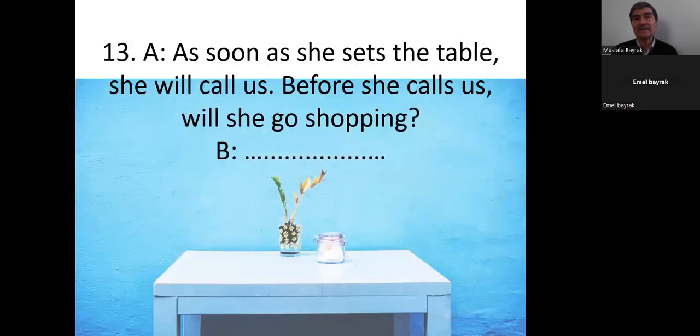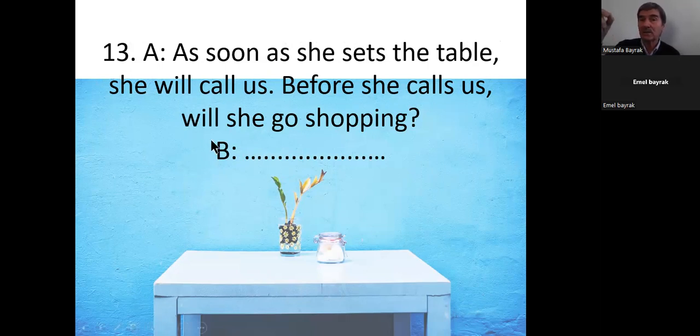Now, as soon as she sets the table, as soon as clause, okay? As soon as she sets the table, she will call us, she will phone us, she will telephone us, she will ring us. Before she calls us, we will go shopping. Before clause, okay?